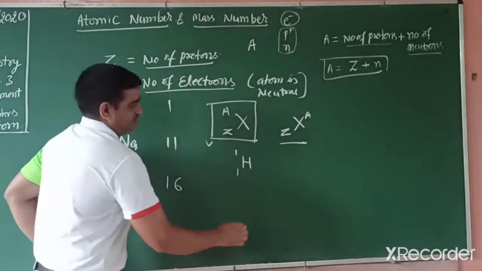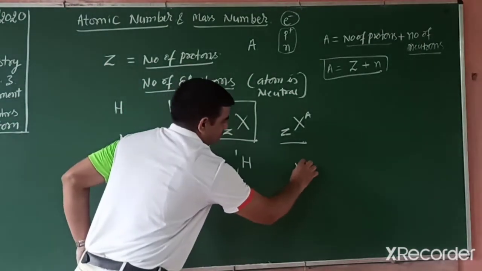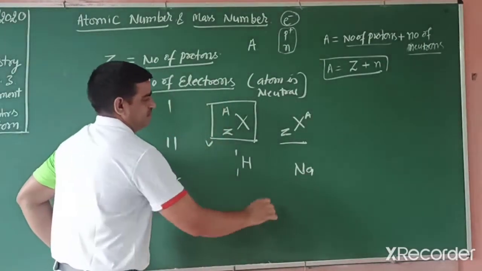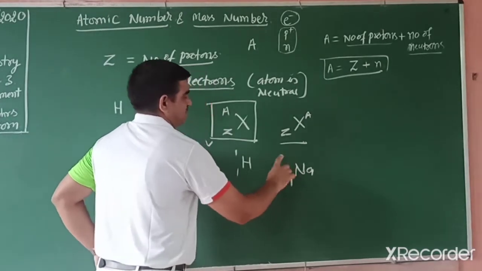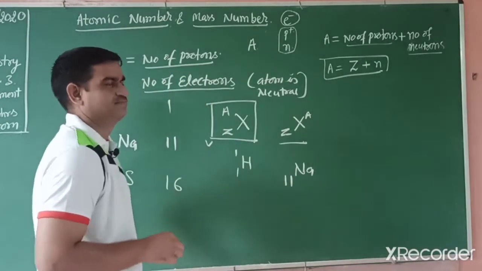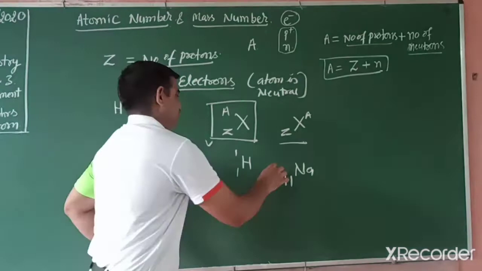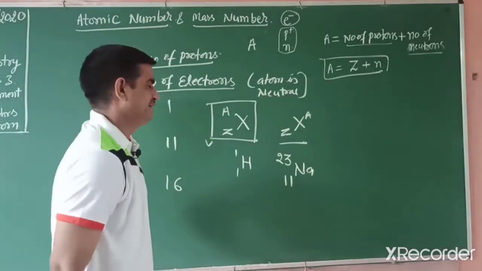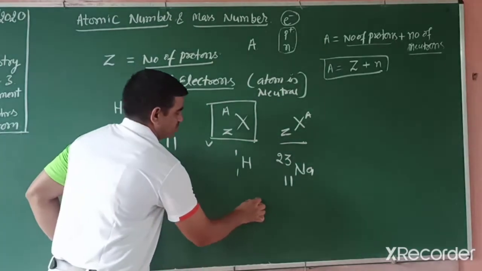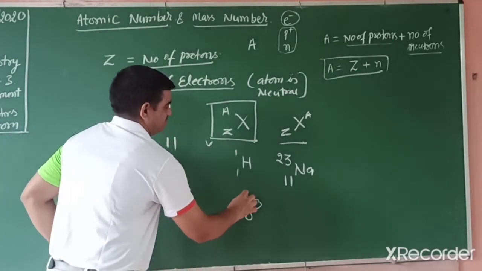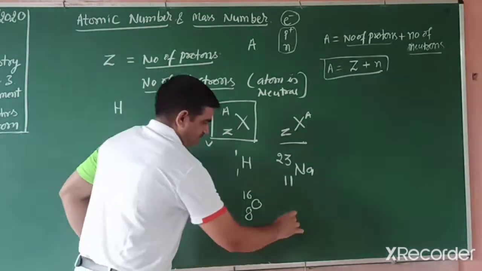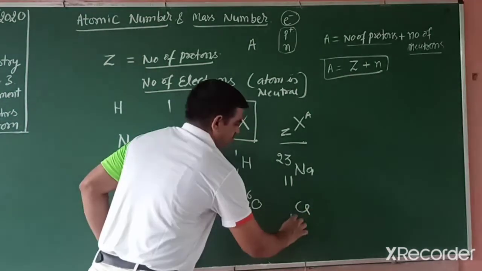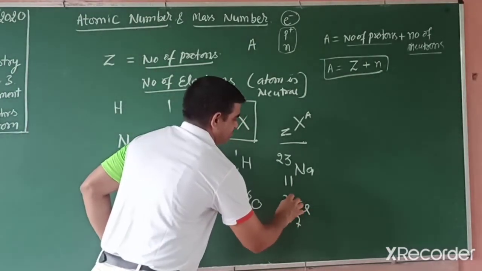In a similar way, we can represent sodium. Sodium, students, has atomic number 11, and there are 12 neutrons, so the mass number is 23. In this way we can represent other elements: oxygen 8, 16, chlorine 17, 35.